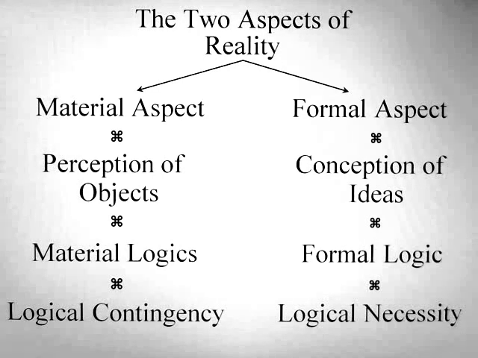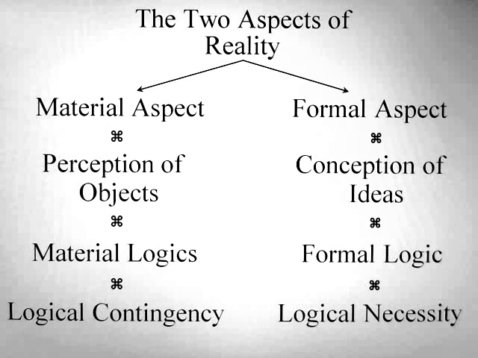In order to understand the formal aspect, then, we develop what we call formal logic, which includes only one type of logic, deductive logic, which is the logic of formal analogy, just as inductive logic is the logic of material analogy.